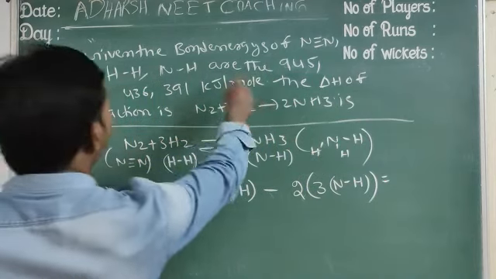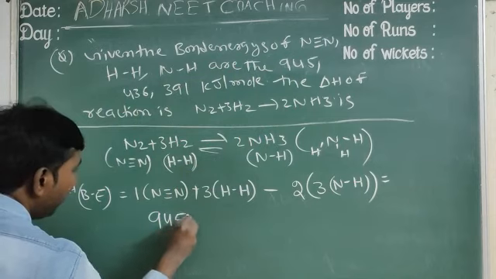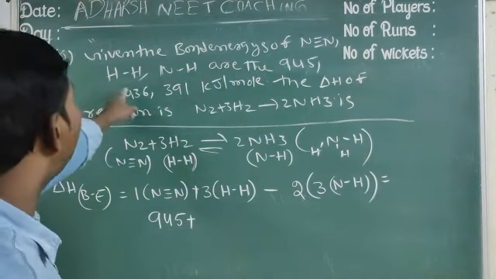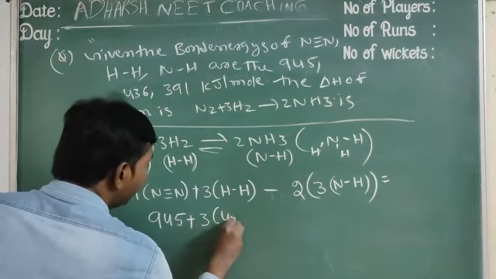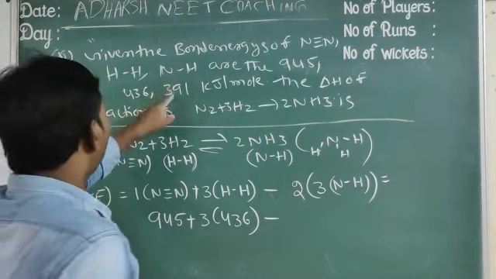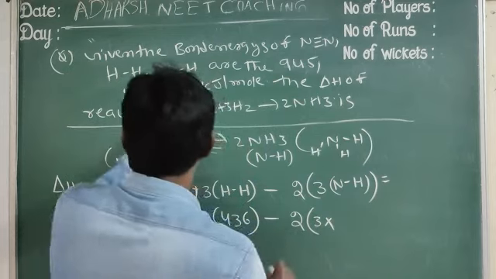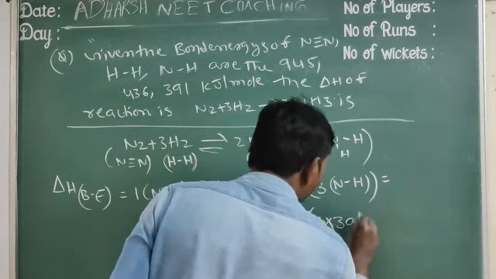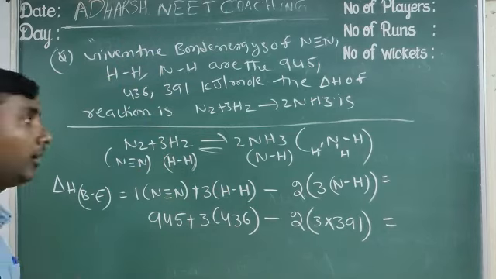Now substitute the values: N triple bond N is 945 plus the rest, to get the answer. Like that we have to calculate bond energy problems.